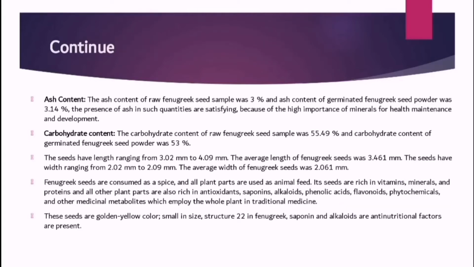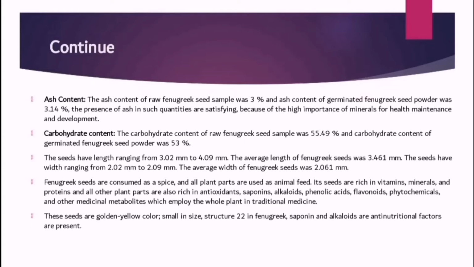The ash content of the raw fenugreek seed sample was 3%, and the ash content of the germinated fenugreek seed powder was 3.14%. The presence of ash content in such quantities is satisfactory because of the high importance of minerals for health maintenance and development. Carbohydrate content. The carbohydrate content of the raw fenugreek seed sample was 55%, and the carbohydrate content of the germinated fenugreek seed powder was 53%.